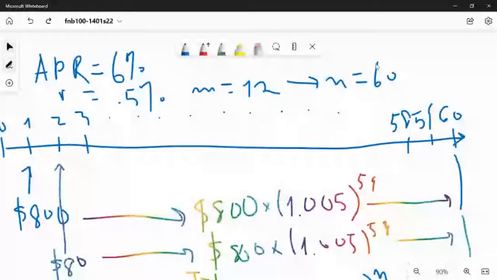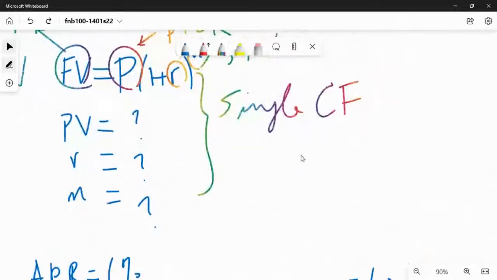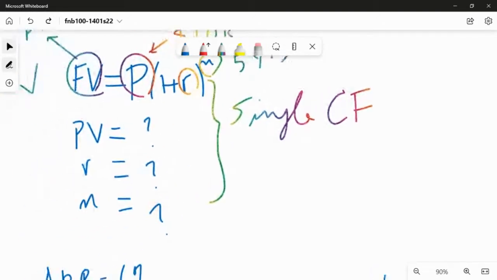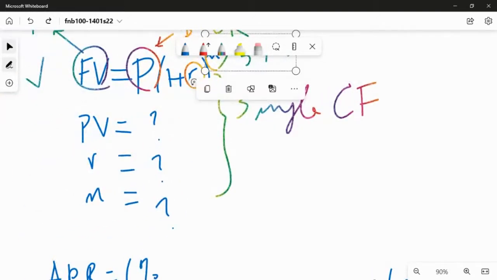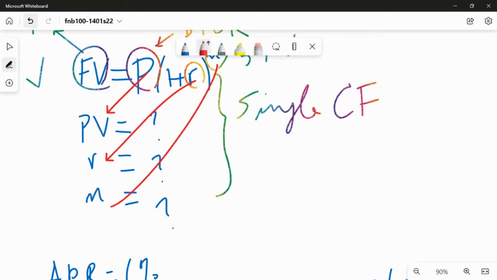Well, this can be done easily because look, in the single cash flow model, right? We basically derived the formula for P. We derived every formula from the base formula by solving that equation for that unknown variable.